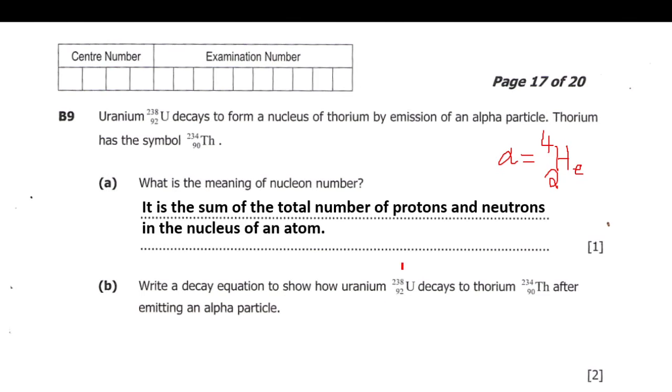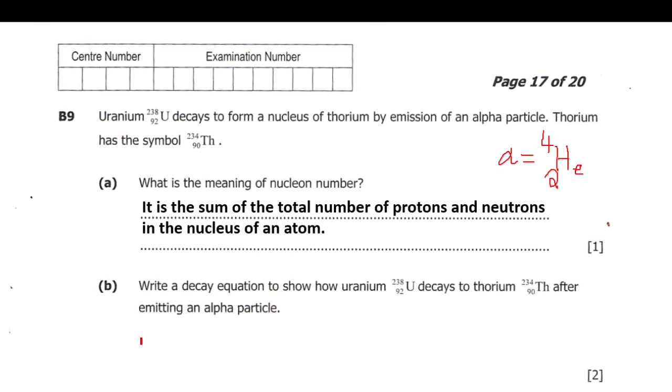When it breaks down, it releases an alpha particle with mass number 4, atomic number or proton number 2. This is an alpha particle. So now after this one is released, they want us to write the decay equation. The decay equation starts with this, which decays to produce this and this.